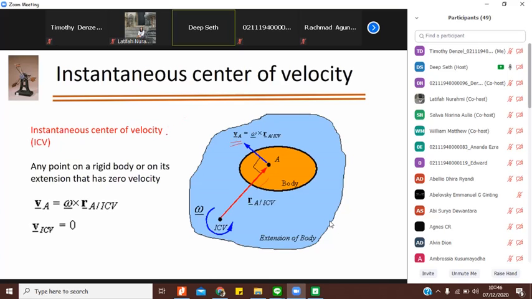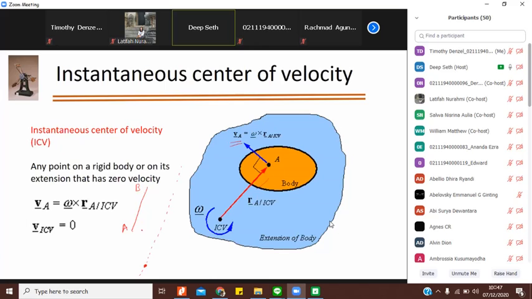In other words, let's say you have one link, let's say this is your link AB. If this link is rotating, what will be happening? You will have one axis on which you will have a point, and with respect to that point, your link will be rotating.